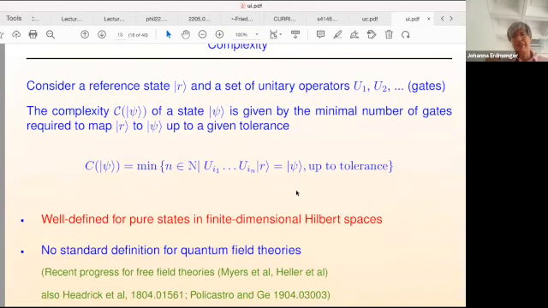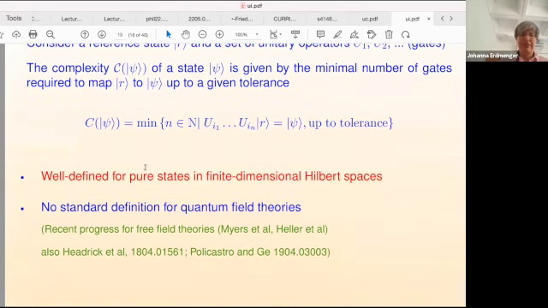And for a complex calculation, of course, the complexity is bigger than for a small number. And also the complexity is linear in time, because if each operation takes the same amount of time, then if you do more steps, then it will grow linearly in time. Okay, so this is very important to compare to black holes.